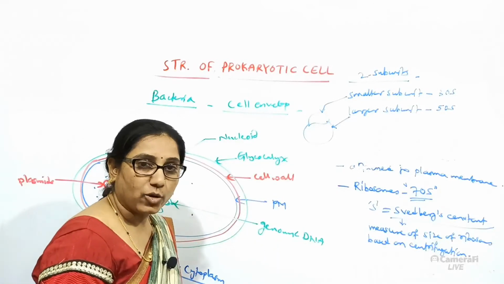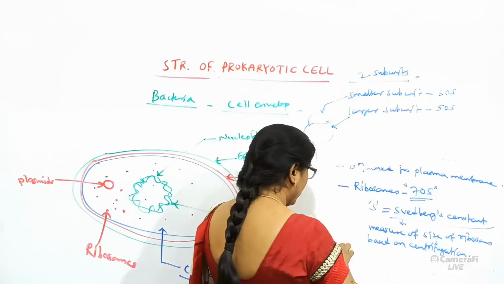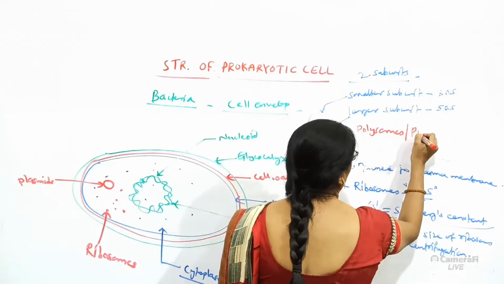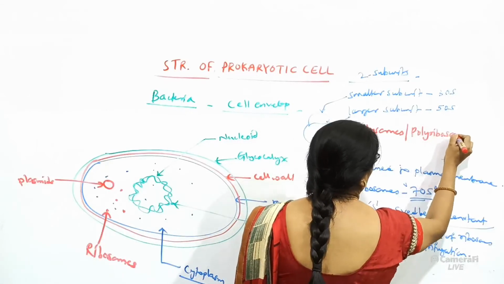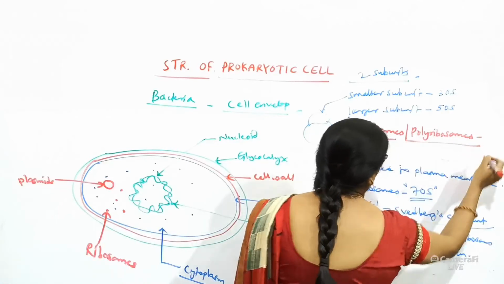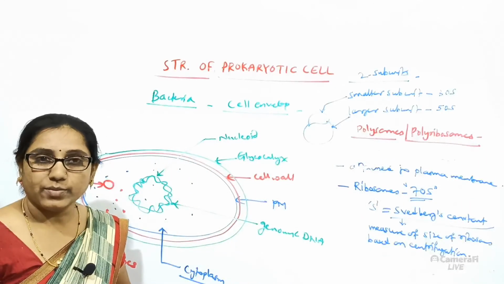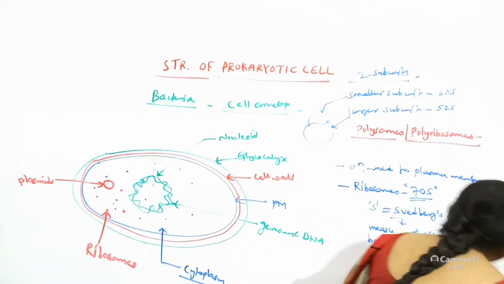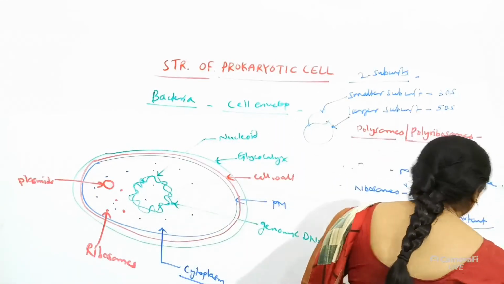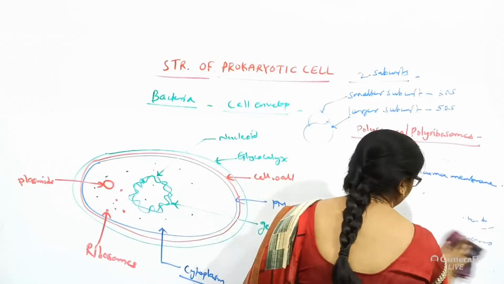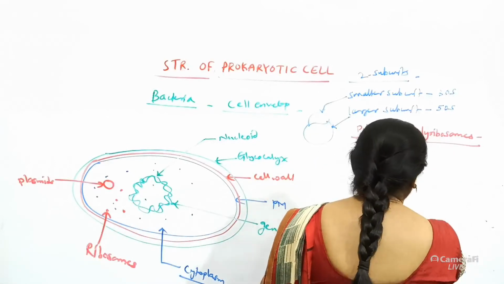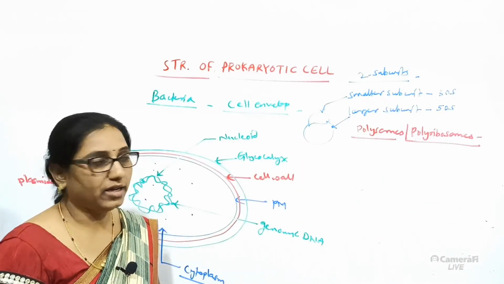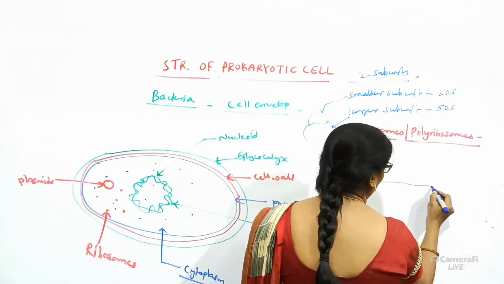Inside the cytoplasm, the ribosomes may also occur in the form of polysomes, also called polyribosomes. What are these polysomes? When many ribosomes are attached to a string of mRNA, it is called a polysome or polyribosome.